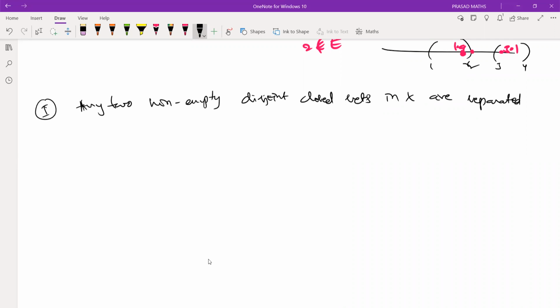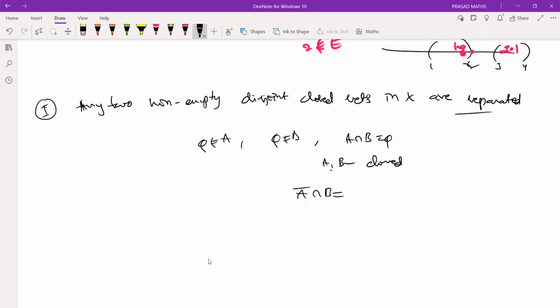Why? Suppose you start with two non-empty, disjoint closed sets A and B. What I want to show is that A and B are separated. Therefore, I want to show that A closure intersection B is empty.